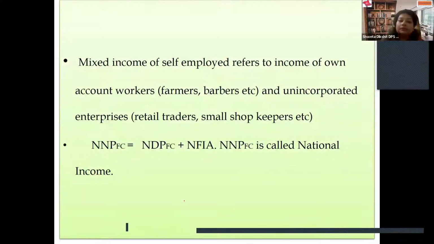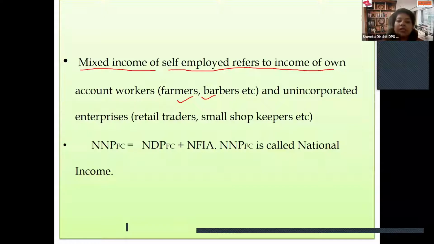Mixed income. I can claim that 110%, it will be directly given in the question. What is mixed income? Mixed income of self-employed is the income generated by the self-employed workers in the economy. For example, farmers, barbers, tailors, gardeners, sometimes teachers who are not associated with a school or coaching, sometimes doctors who are not attached to a hospital.